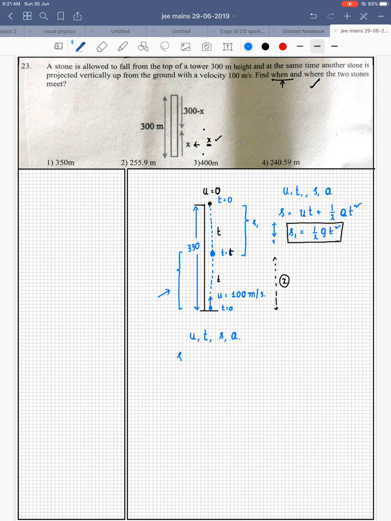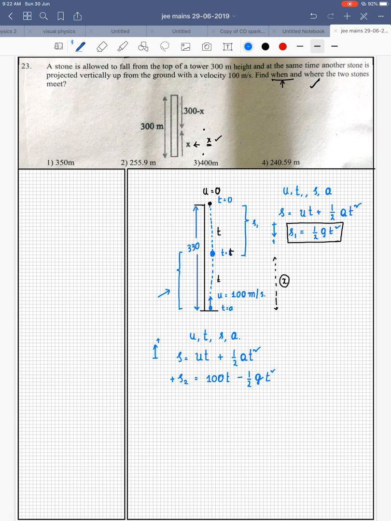My go-to equation is s equals ut plus half a t square. Here, if my sign convention upwards is positive, s2 equals ut, which is upwards so plus 100t, time t is common for both, minus half g t square, because acceleration is g in the opposite direction.